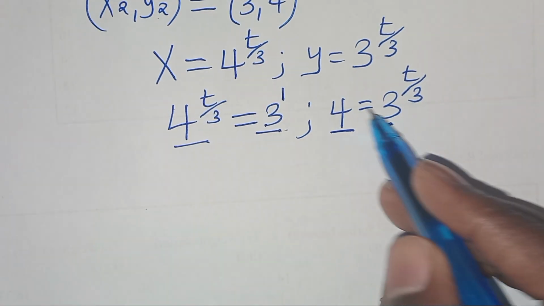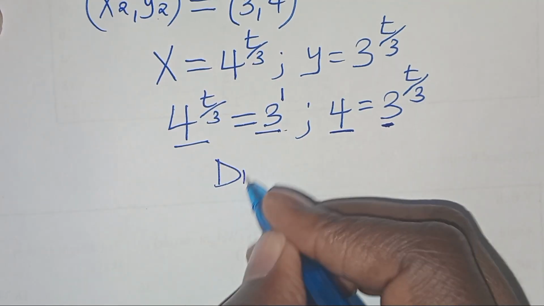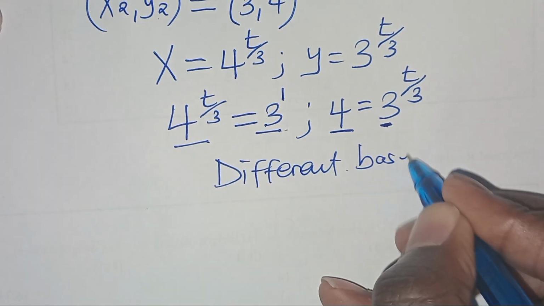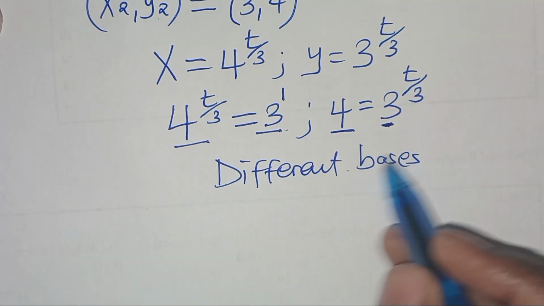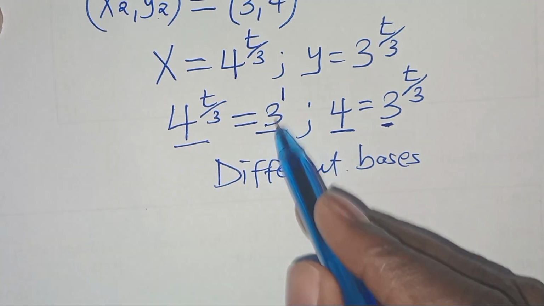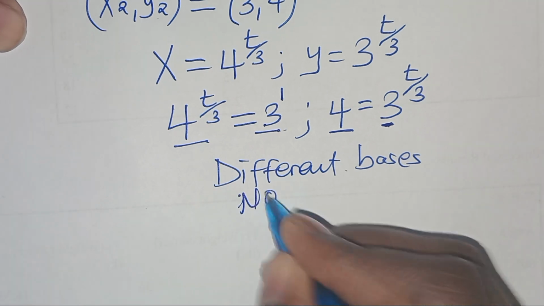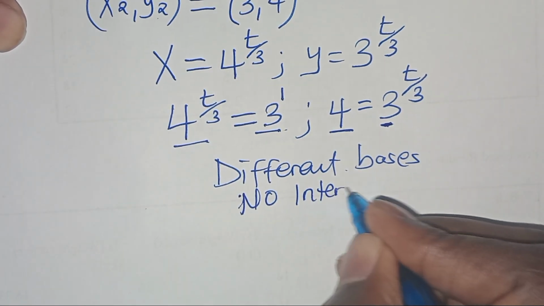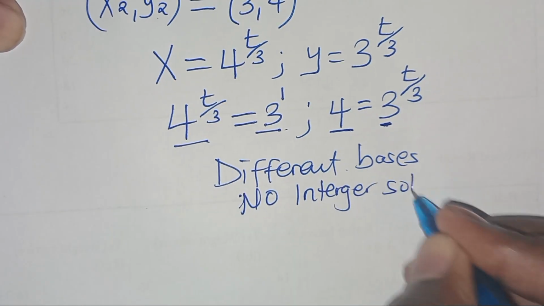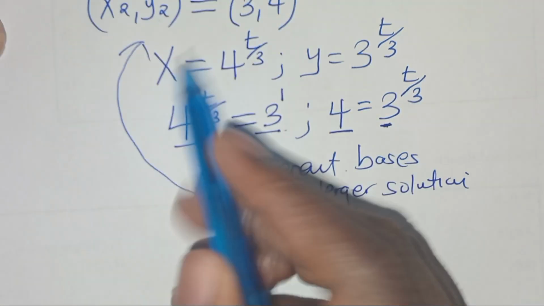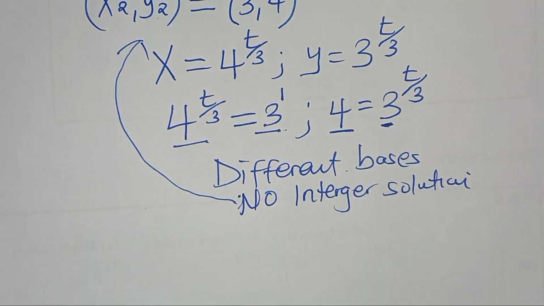So this implies that we have different bases. And because of the difference in the bases, we will have no integer solution if we use this second set of solution.